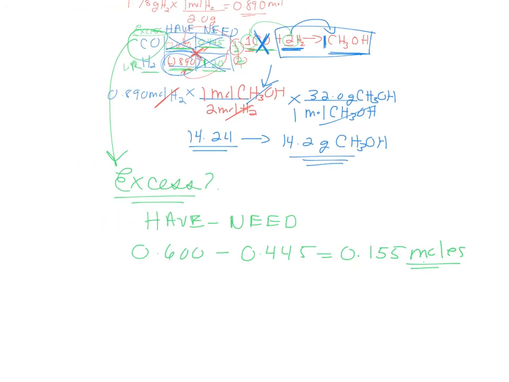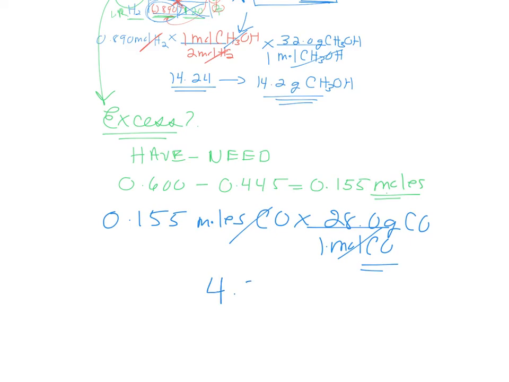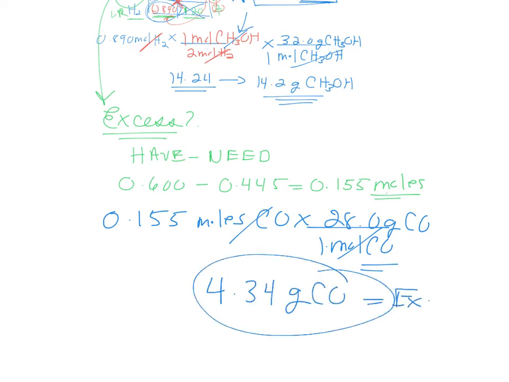So I have 0.155 moles of my excess CO, and I am simply going to turn that into grams by getting the molar mass of carbon monoxide, which is 12 plus 16, which remember is 28 grams of carbon monoxide, and 0.155 times 28 is 4.34 grams of CO, and that is equal to how much I have.